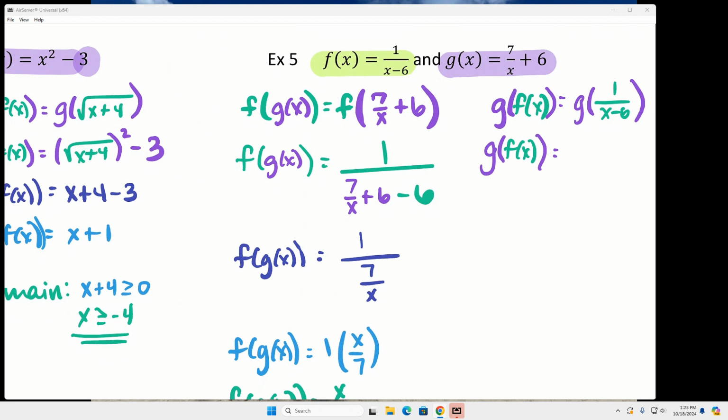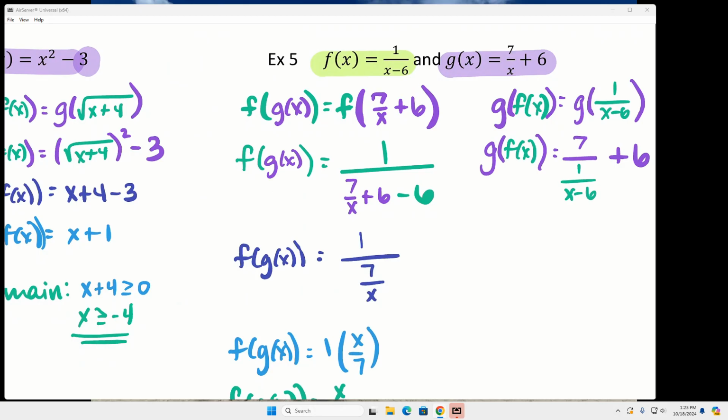All right, so we're going to go to g, and in the place of x, we're going to put this whole thing. So we'll still have 7 in the numerator, but our denominator is going to be 1 over x minus 6. All right, and then we're still going to have that plus 6 from g.